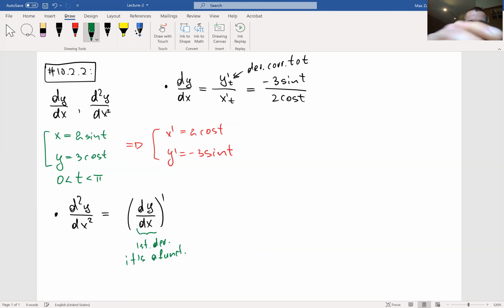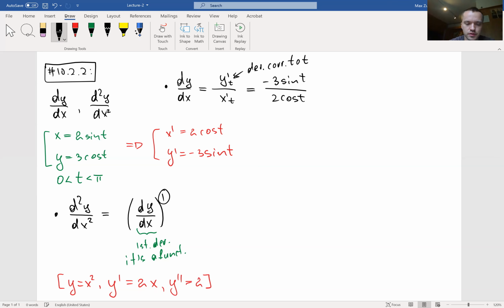What do I mean by that? If you have y equal to x squared, then y prime is equal to 2x, and 2x is a function. So you can take one more derivative, y double prime, which is equal to 2.